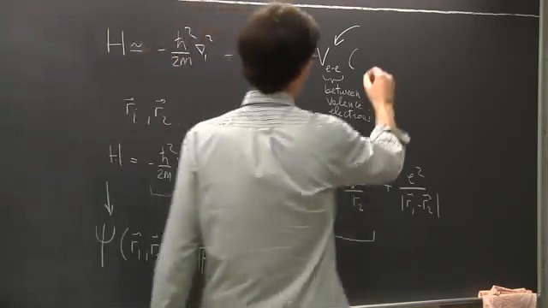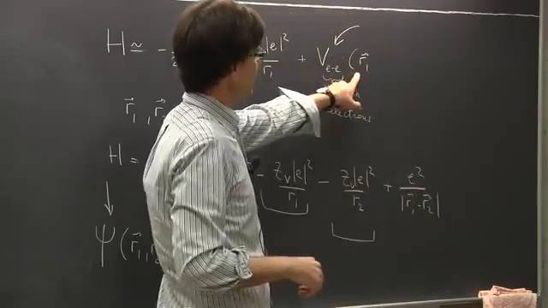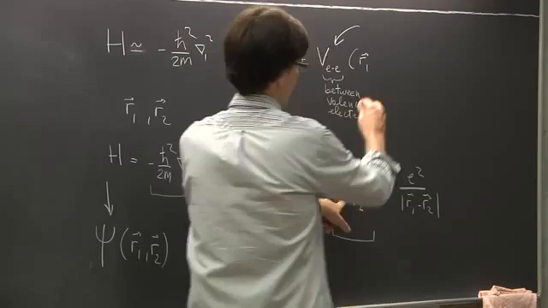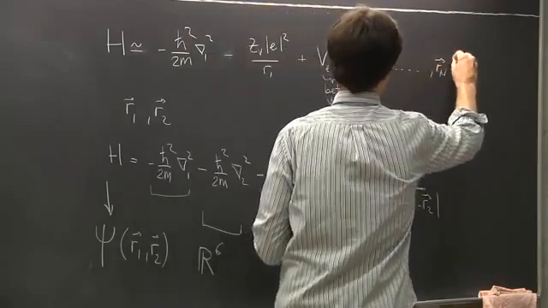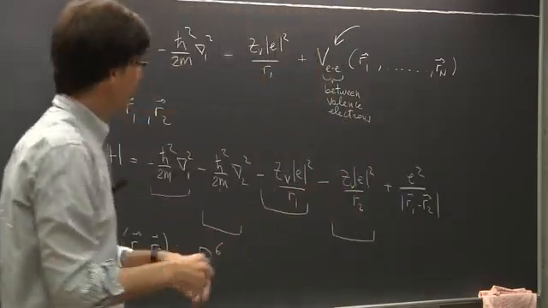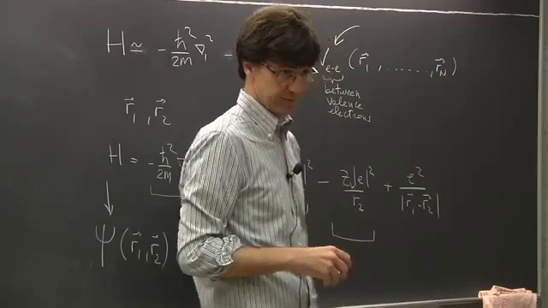Of course, in principle, the electron interaction depends on R1 as well as on all the other variables, right? So this would be the exact statement. The Hamiltonian contains this particle as well as all the other ones.